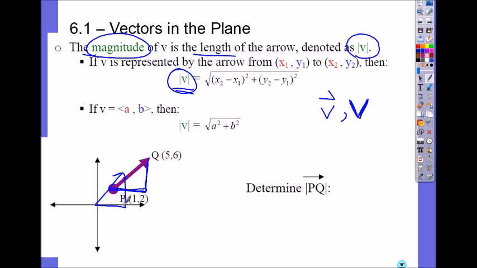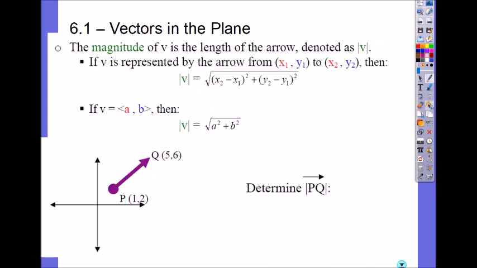So first find the component form and then just do the Pythagorean theorem, rather than finding the difference. So what is the component form of vector QP? You do head minus tail, which is now the component form 4, 4. Oh yeah, it was actually 4, 4, not 5, 5.